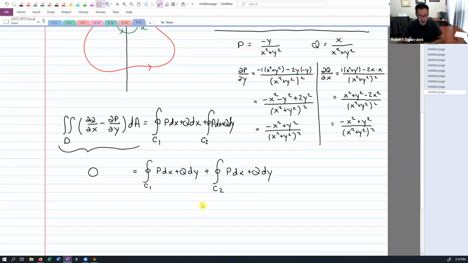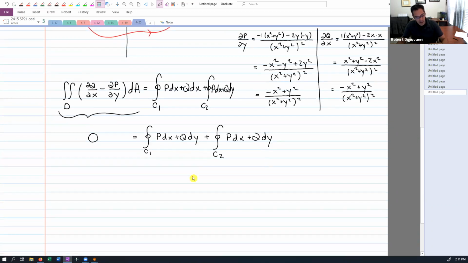Which means that they're equal to one another, but off by a sign. So what I can say is that the line integral over C1 of P dx plus Q dy must equal negative line integral over C2 of P dx plus Q dy.